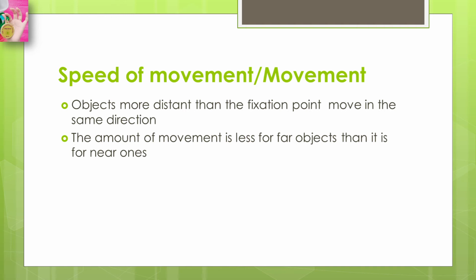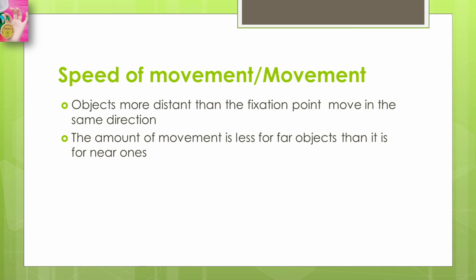Then the next topic is speed of movement, also known as movement in some books. According to this term, when you move your head, you will observe that the objects in your visual field move relative to you and to one another. If you watch closely, you will find that objects nearer to you than the spot at which you're looking, the fixation point, move in a direction opposite to the direction in which your head is moving.